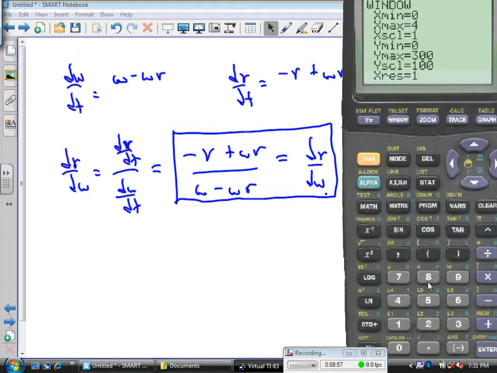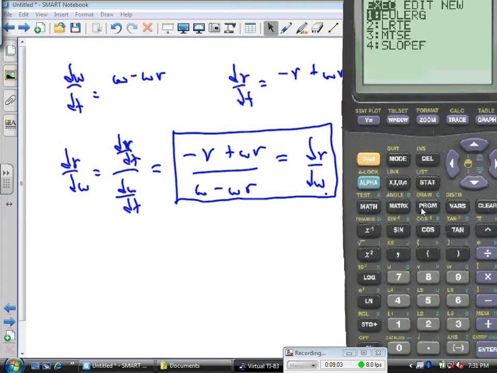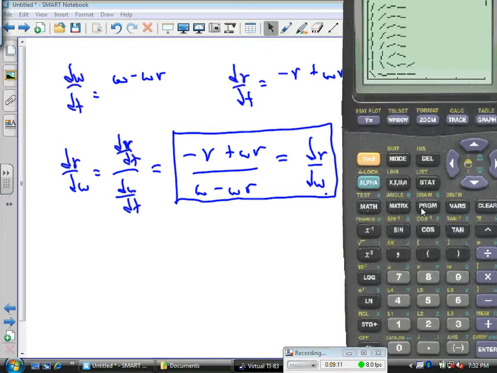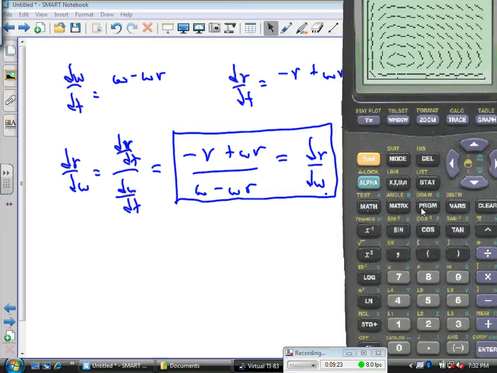And 0 to 4 by 1 is good. All right, so run slope fields and see if you don't get the same slope field they have there. Except we have 12 by 8 lines. They have more, but it's going to be similar. All right, so there's my slope field. Okay, good.